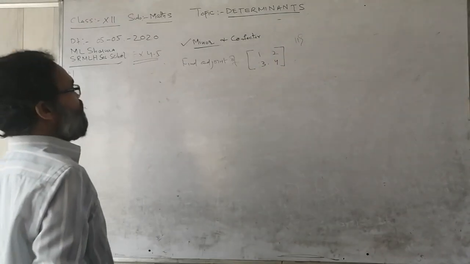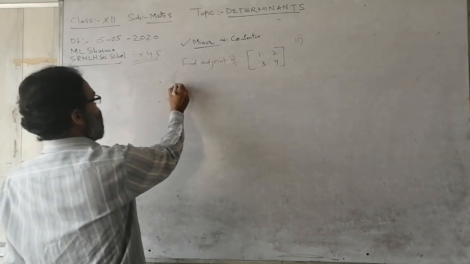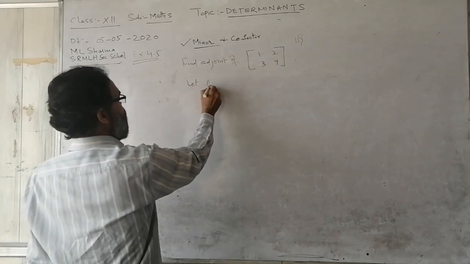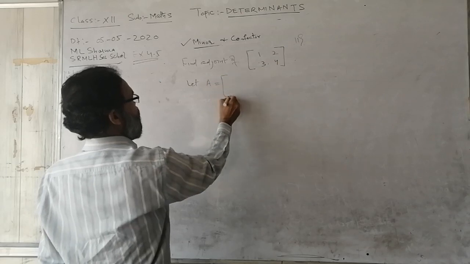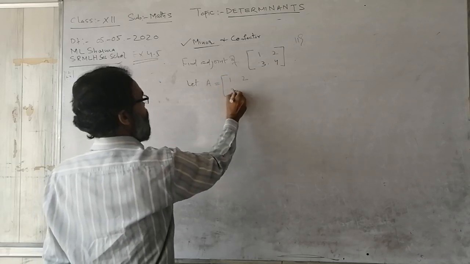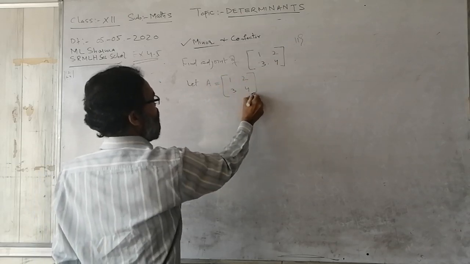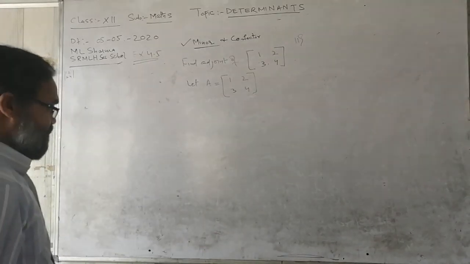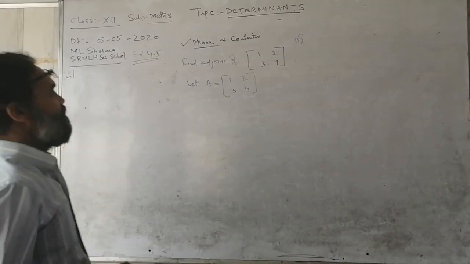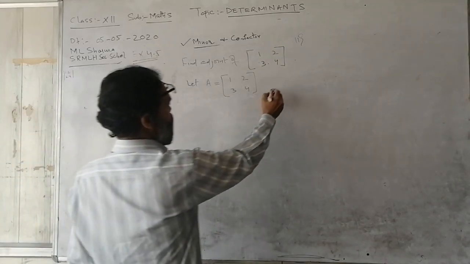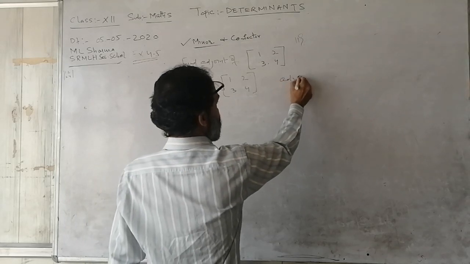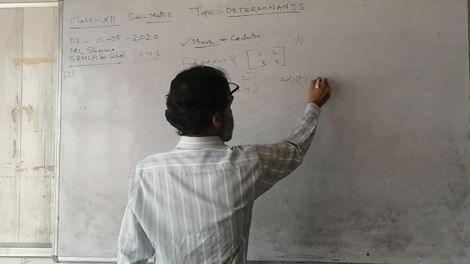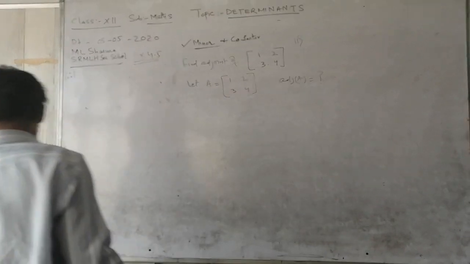Let this be matrix A. We have to find its adjoint, that means adjoint A.